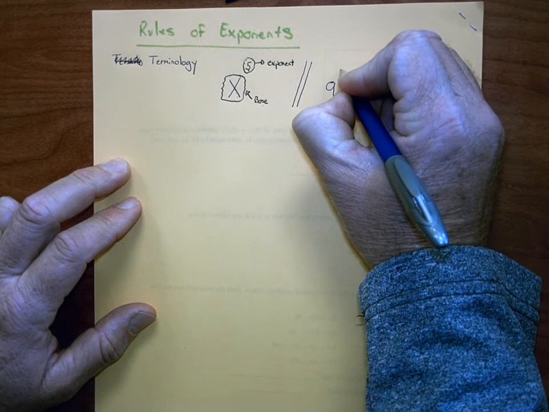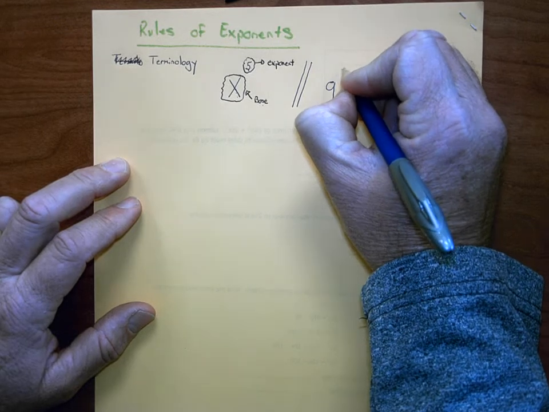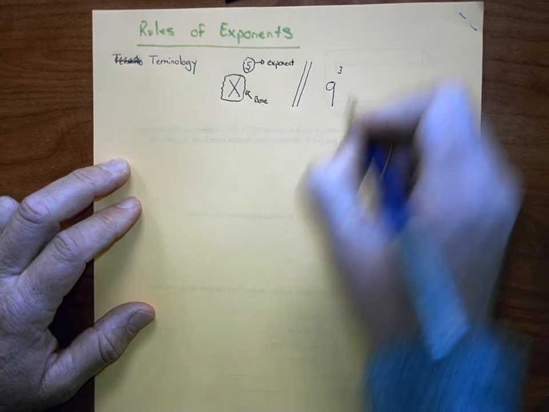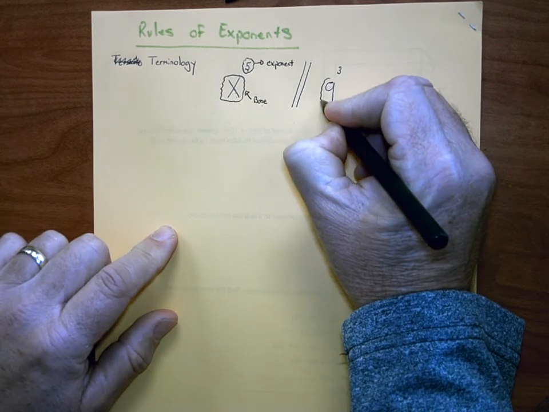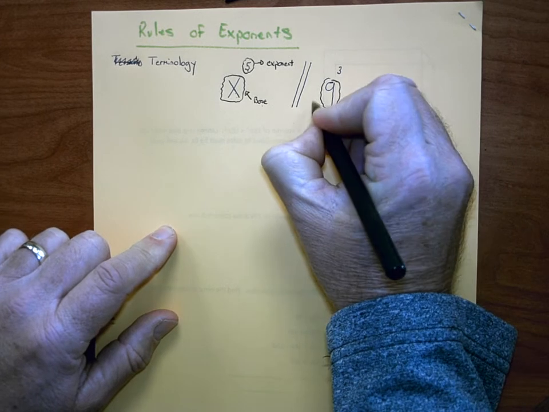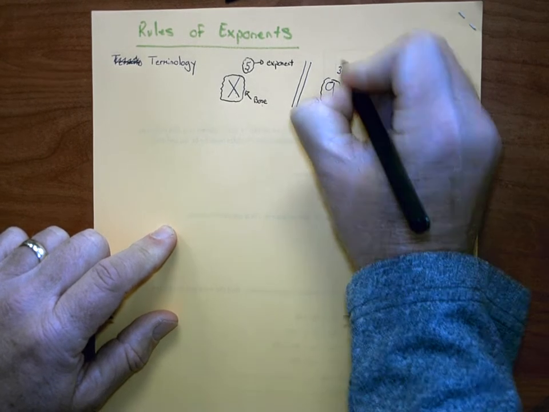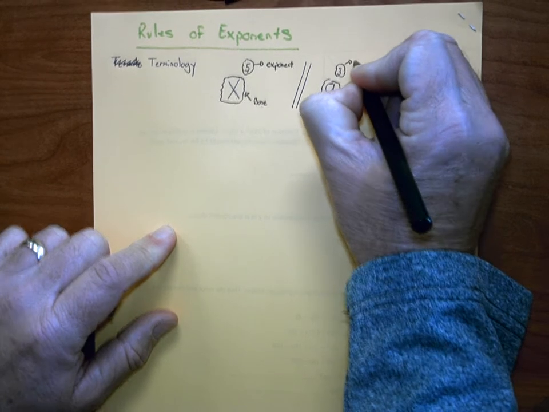We'll get into, like today, what happens if exponents are negatives, but let's keep it simple right now. Say 3. In this case, our base would be 9. So 9 would be considered the base, and 3 would be called the exponent. Just that terminology that we have there.